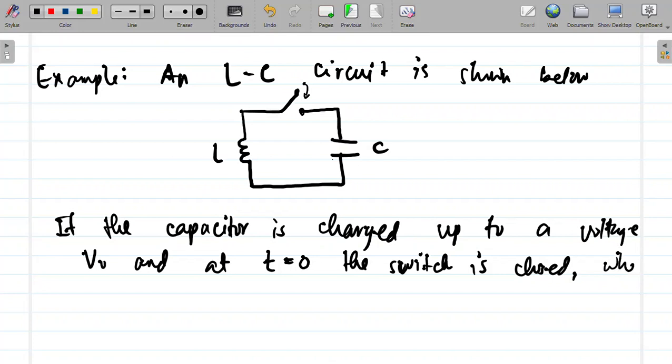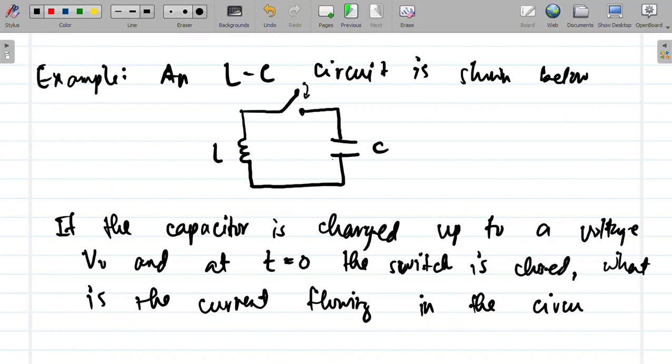The question is, what is the current flowing in the circuit as a function of time?